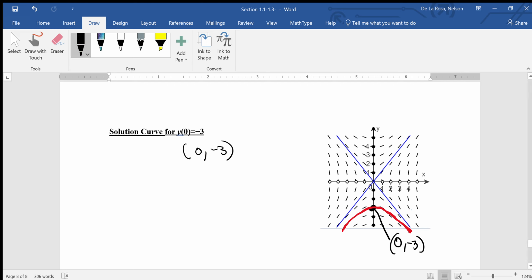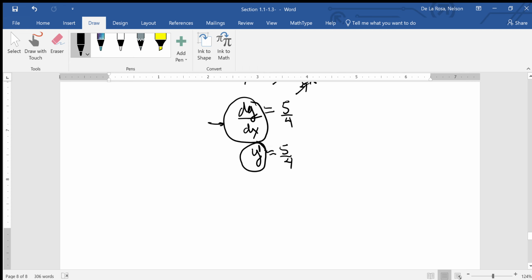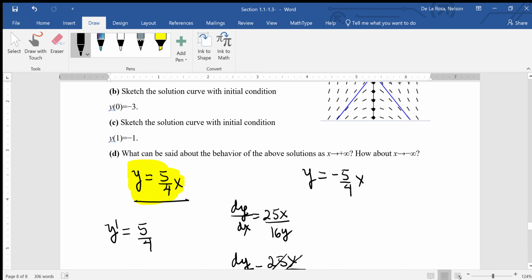Okay, now we have one more question for this part. Well, no, part D. What can be said about the behavior of the above solution as x approaches infinity and when x approaches negative infinity?